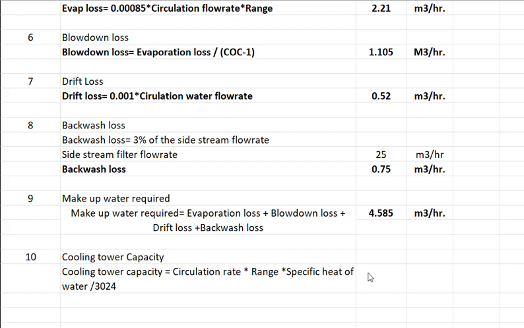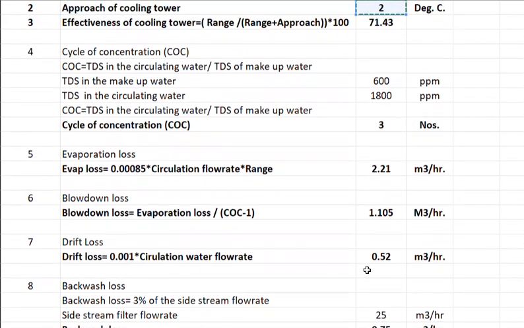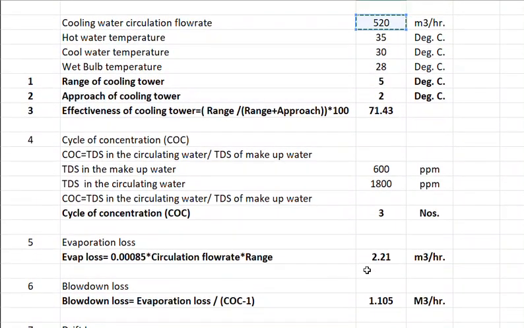Now we have to calculate the capacity of the cooling tower. As I have stated here, we consider the flow of 520 meter cube per hour, which I have converted into the mass flow rate, into the range of the cooling tower, into the specific heat.